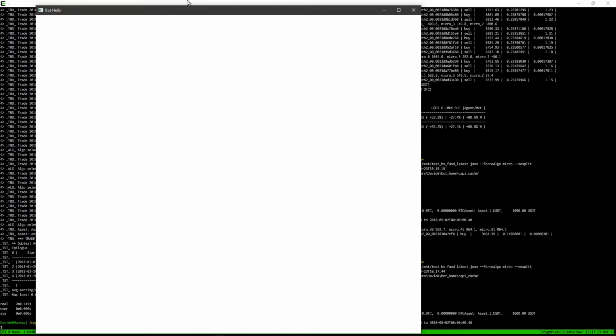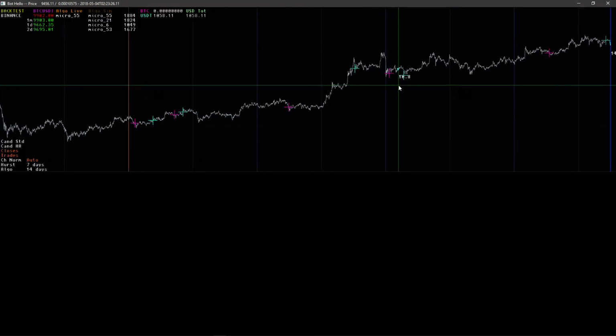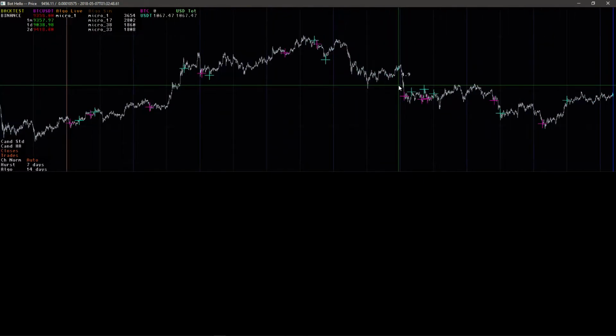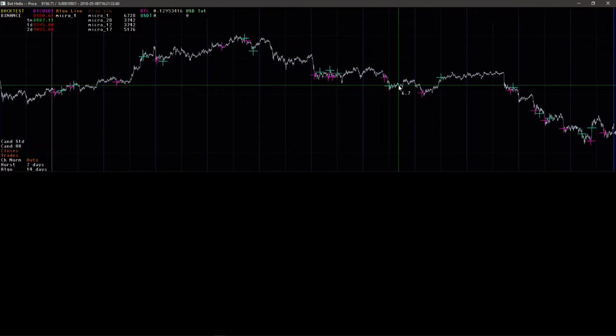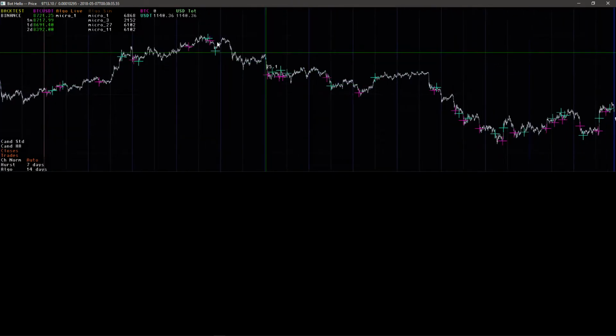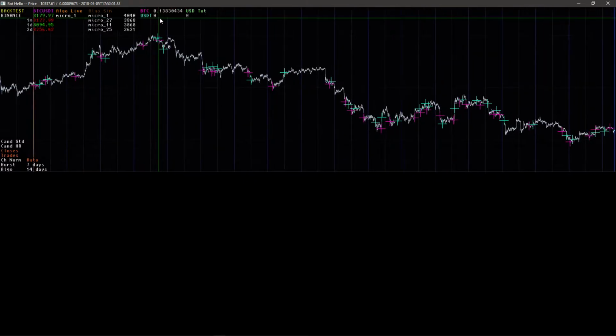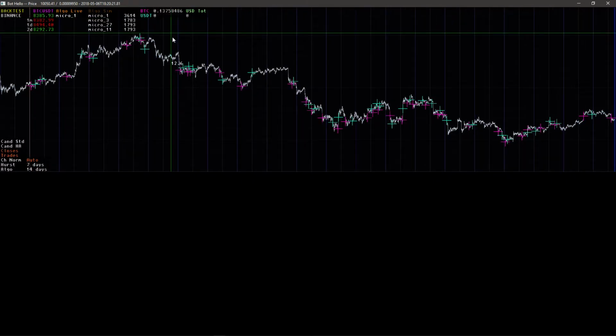As the test goes, it will take a couple of minutes, and I will be commenting on what we see on display. The test starts with a $1,000 budget, and you can see here on top, as the profit goes up, the current value goes up as well.